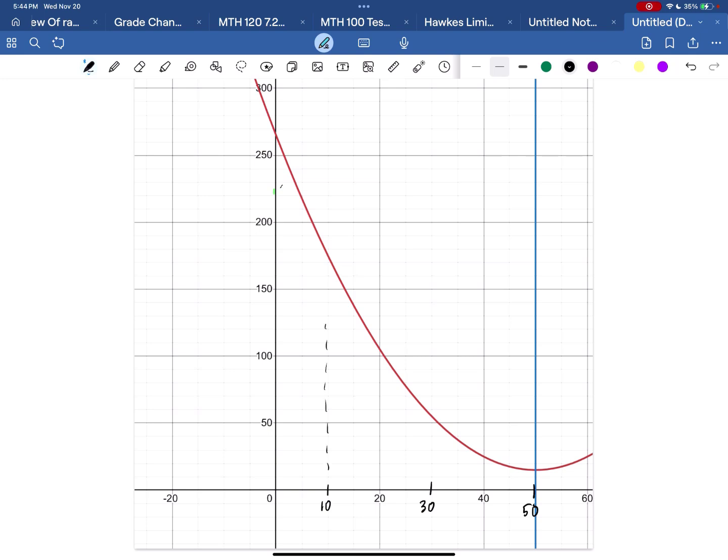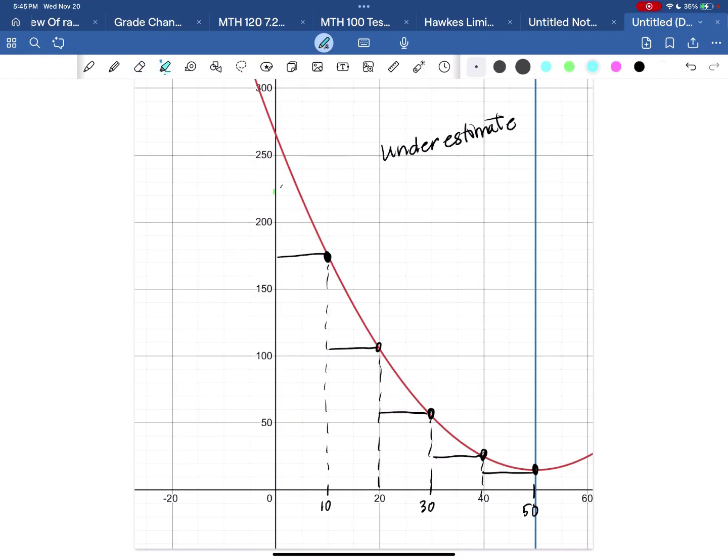So this time, we're going to go there, there, there, there, and there. So look, this time, we're going to be an underestimate. The last one was an overestimate. This one is an underestimate.